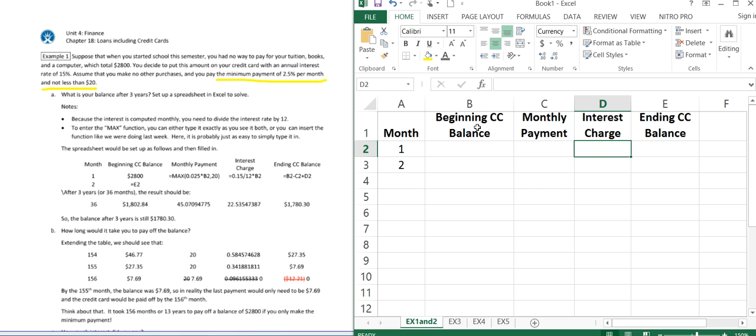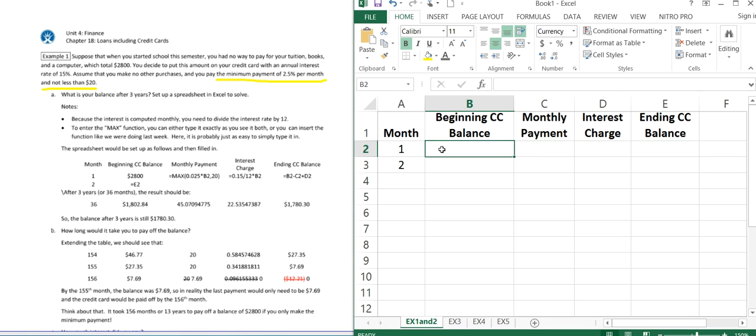So we're going to have our month, our beginning balance, whatever we're sending in as our payments, and then the interest they're charging us. These two columns I could maybe have switched in reverse. We're going to just assume that the monthly payment is getting sent in around the same time that a charge is being posted. So some of these cycles of credit cards vary in when it's posted and when the payment goes in, but you'll get the picture. And then the end balance.